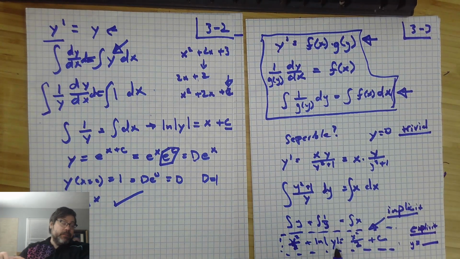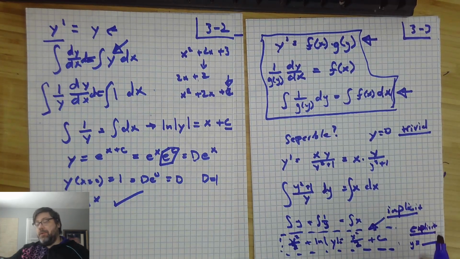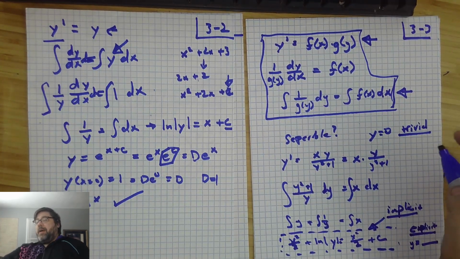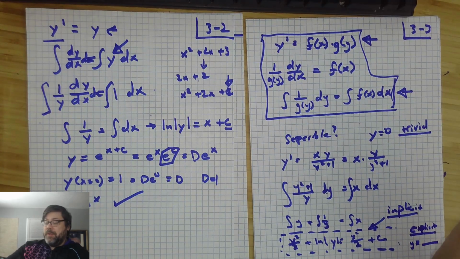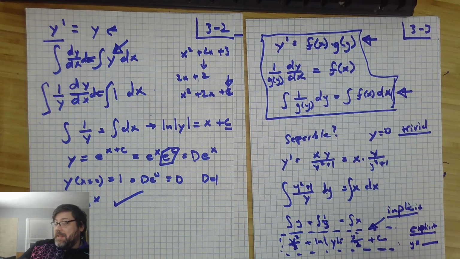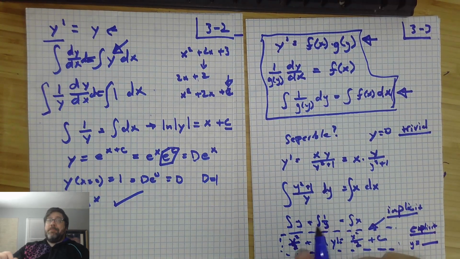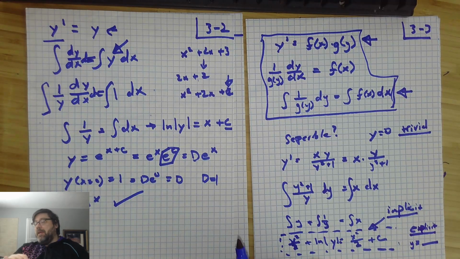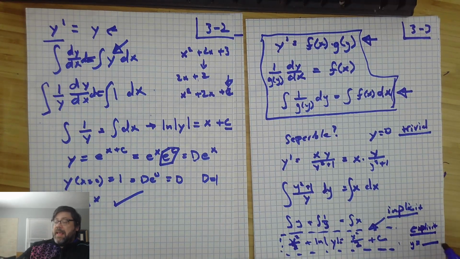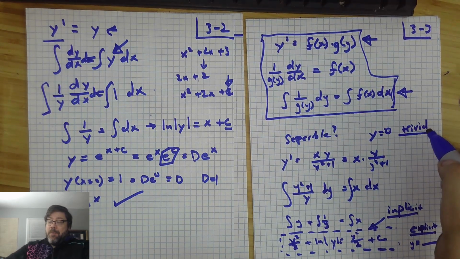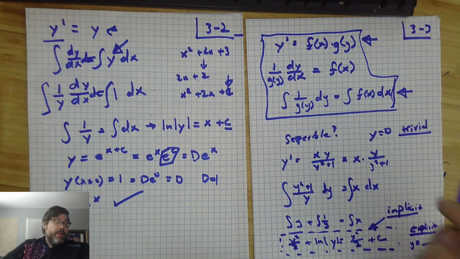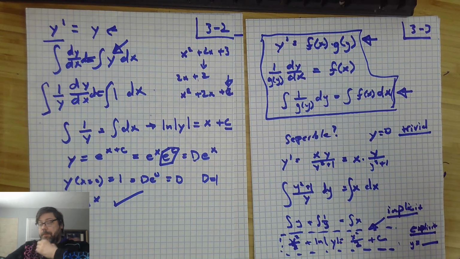That would be an explicit solution, right? So we have different ways now to name the solutions we have: trivial solutions, implicit solutions, and explicit solutions, right? Oftentimes the end game is to get an explicit solution, but sometimes implicit solutions are all right. And if someone just says, I want a solution, then you might be all right with the trivial solution.